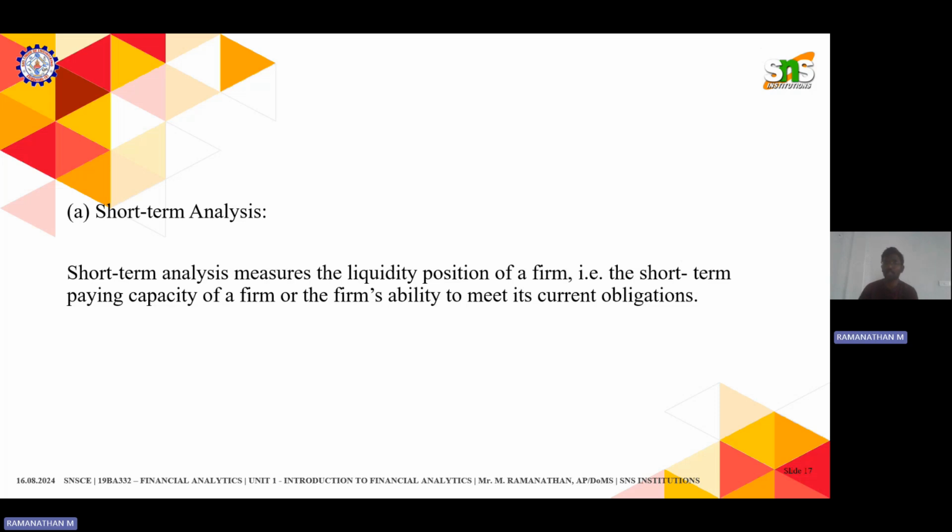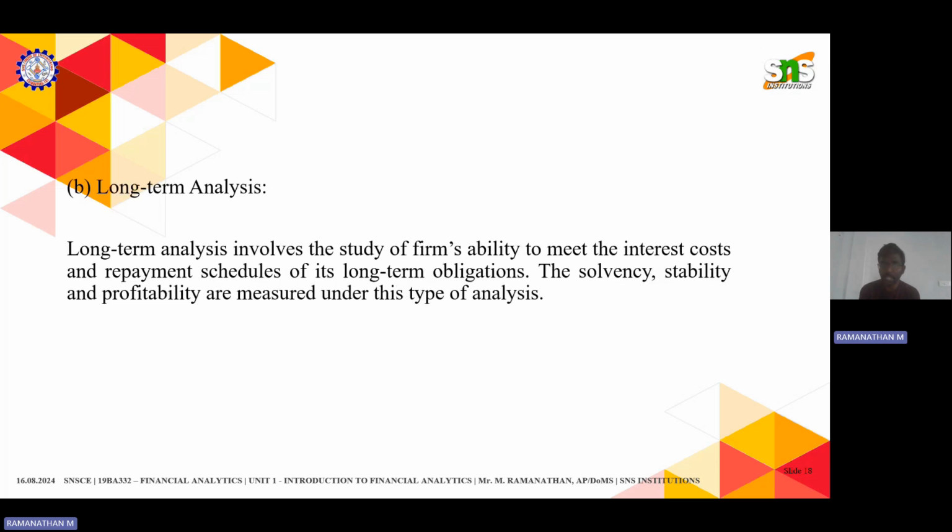We will be speaking about short-term analysis within a year. If it is a long-term analysis, it involves the study of the firm's ability to meet the interest cost and repayment schedules of your long-term obligations, solvency, stability, and profitability. All this comes under long-term analysis. We'll see one by one.